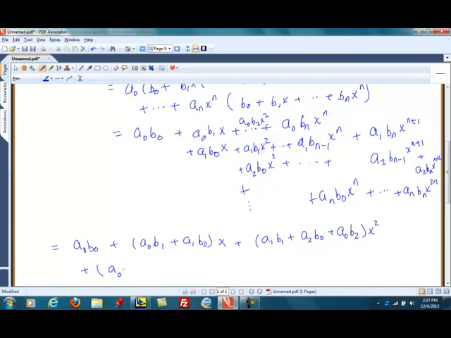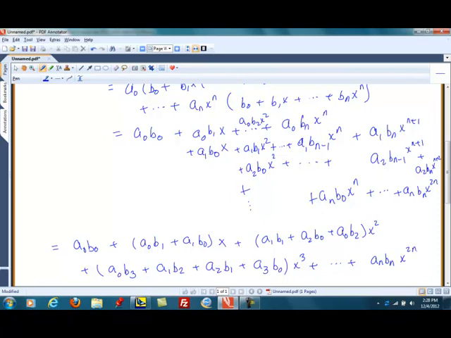A0, B3 plus A1, B2 plus A2, B1, A3, B0. That makes sense? All the way up to the x to the 2n term. And what goes with the x to the 2n term? An and Bn.